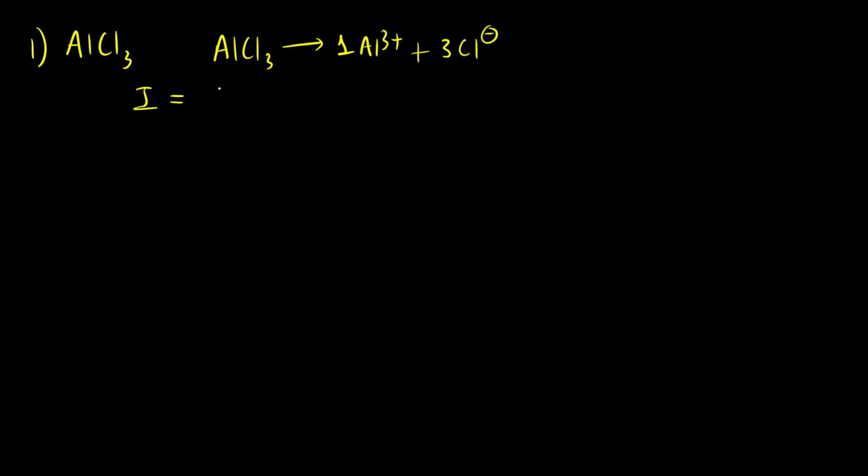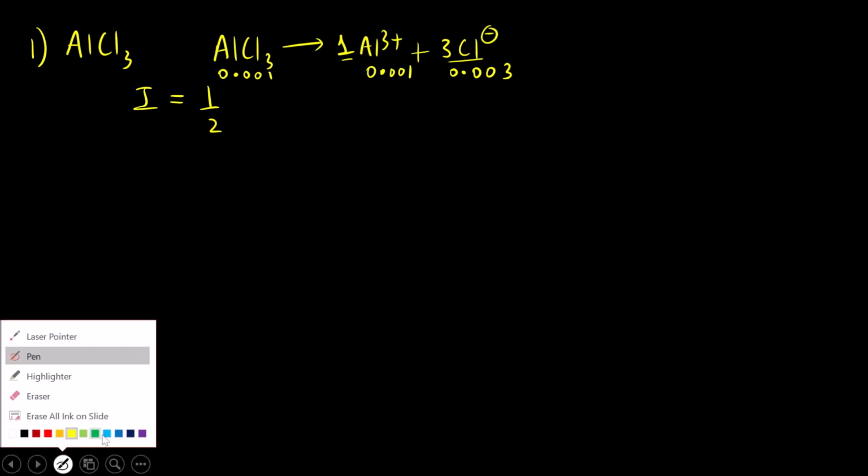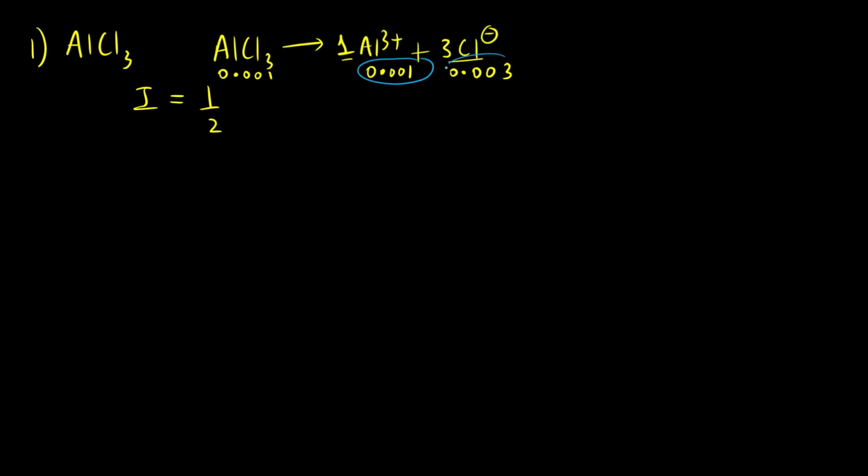So what will be the ionic strength? Before that, the concentration of AlCl3 is 0.001. This is 1 ion, so 0.001. This will be 3 ions, so 3 into 0.001, that is 0.003. Now we use these concentrations. First write for the cation: concentration 0.001 into charge square, 3 square is 9, plus 0.003 into charge square.